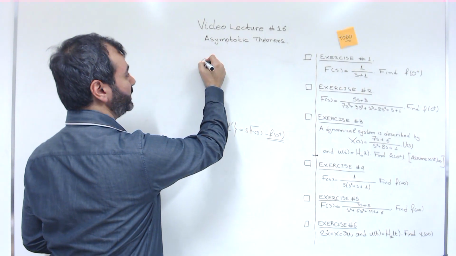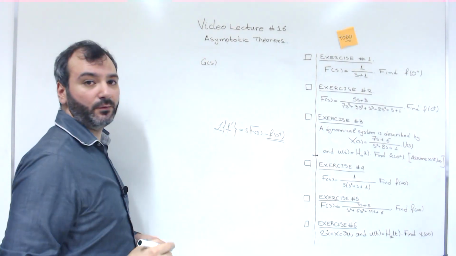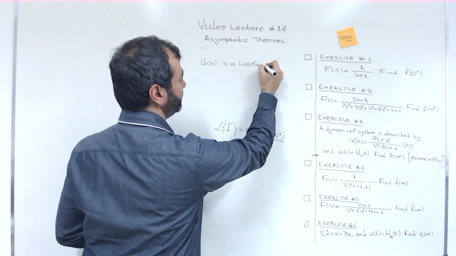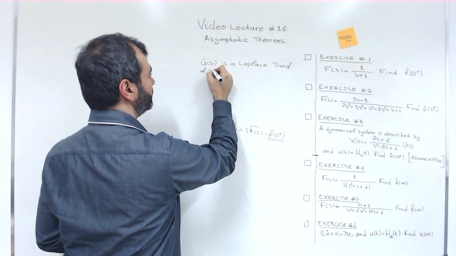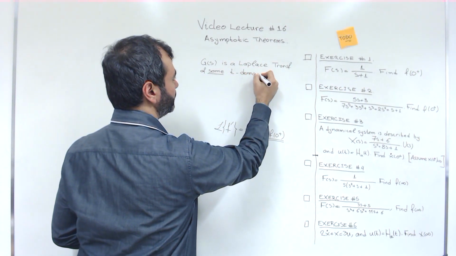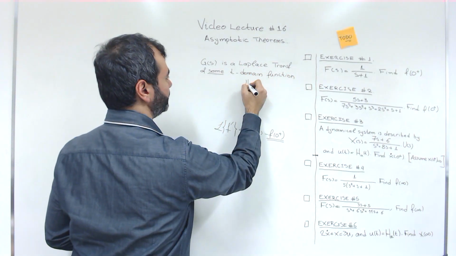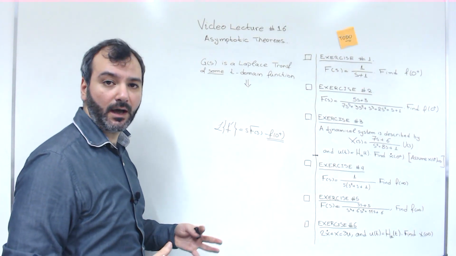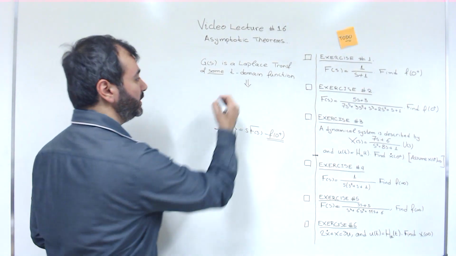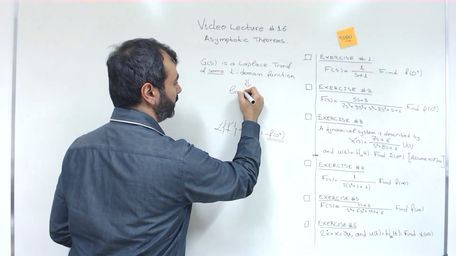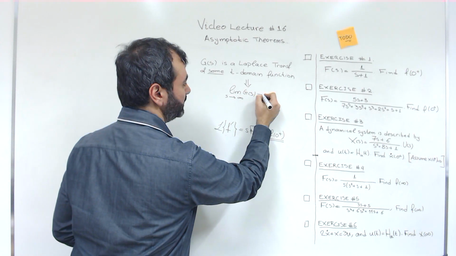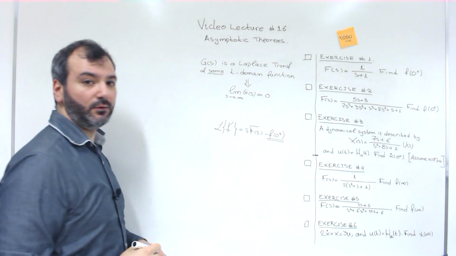When we have a function g in the S domain, which is a Laplace function, so if g uppercase is the Laplace transform of some unknown time domain function, then the limit of this g as s goes to infinity is always equal to 0.